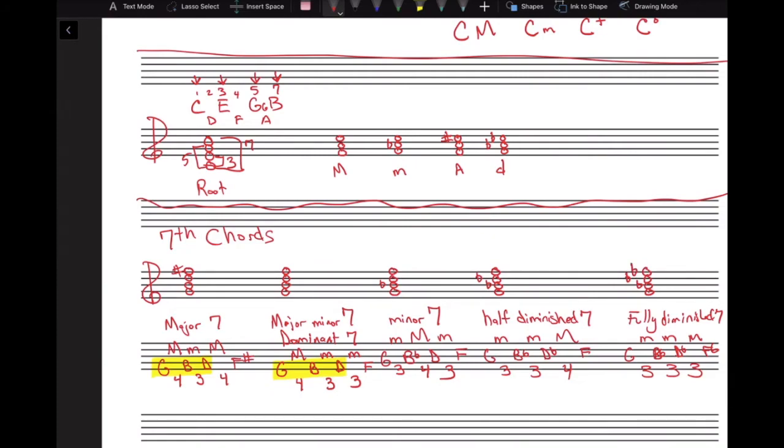Okay. So another way you're going to see these is with symbols. So this is going to be a major 7. This has a couple ways you can write it. G major, so it's a major minor 7, or you'll just see it as a 7, and there will be a Roman numeral here.